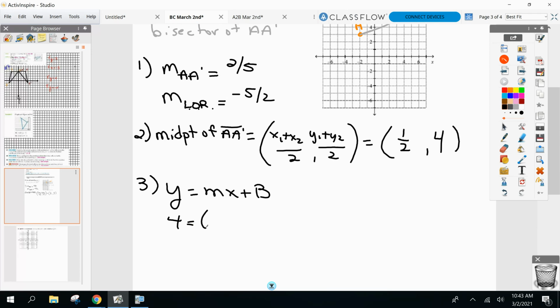Negative 5/2. X coordinate it goes through? 1/2. And now I'm solving for b, so I can finally write the line of reflection equation. I am not concerned at all that you have to do that. That's why you have your calculators with fractions on it. And I guess you could leave it as a decimal too. I'm not going to, but.